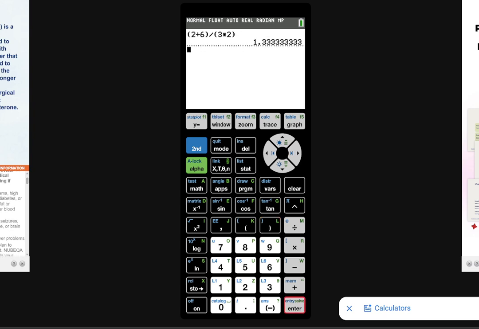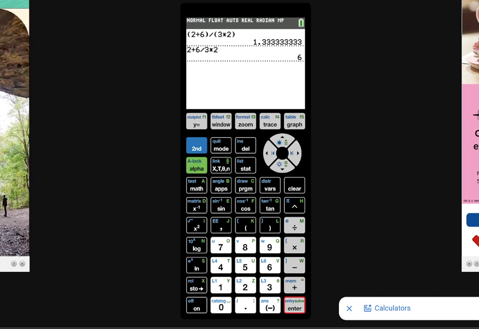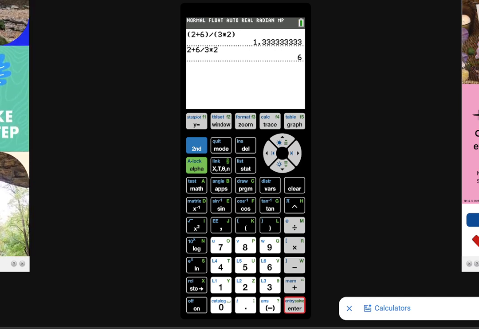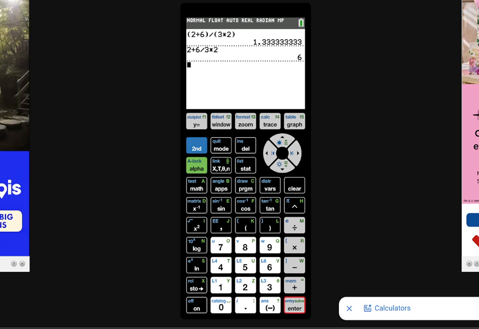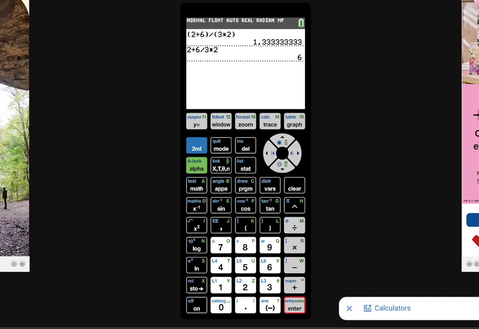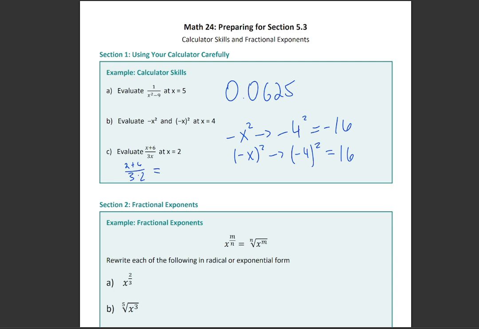If I don't use parentheses, and I try to just type 2 plus 6 divided by 3 times 2, well, that's a very different answer, right? The correct answer is 1.33. The incorrect answer would be 6. And so you have to be careful that what you're typing in reflects what the question is asking. So this really should be 1.33.